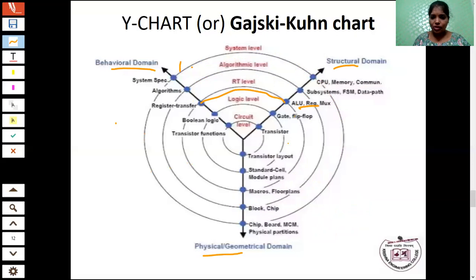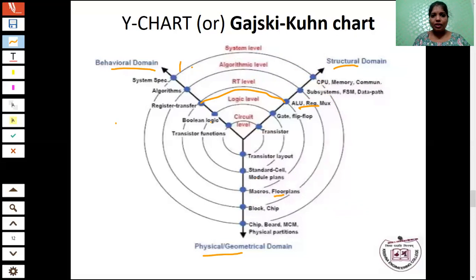From the structural domain, we are going to macros and floor plan. Floor plan, already I told you, what does floor plan mean? We are going to decide where to place the blocks in the chip. That is the floor plan.